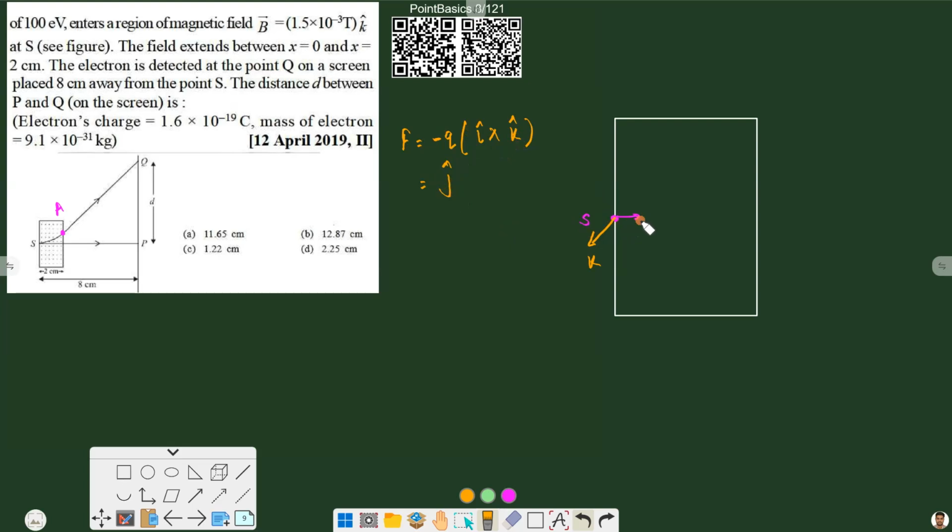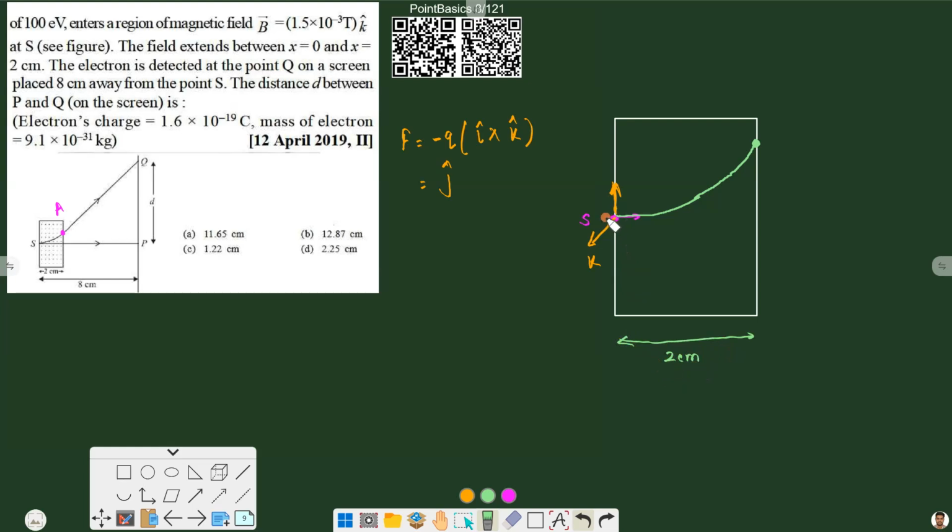So the force on the electron will be in the upward direction, which is already shown in the diagram. Suppose the path of the electron is something like this. At this point the electron leaves this slab, this region of magnetic field, and the thickness is given as 2 centimeter.